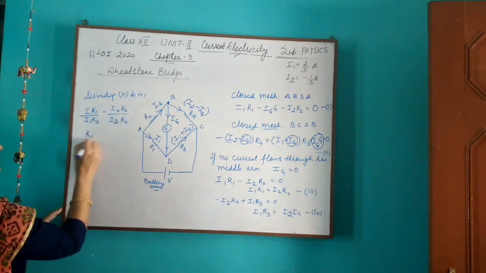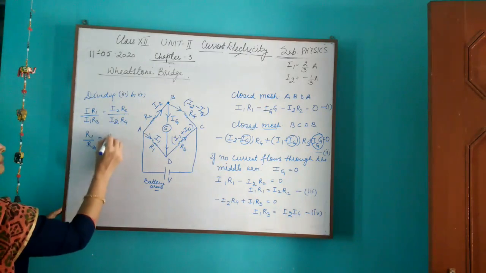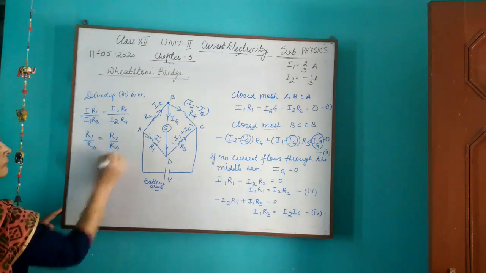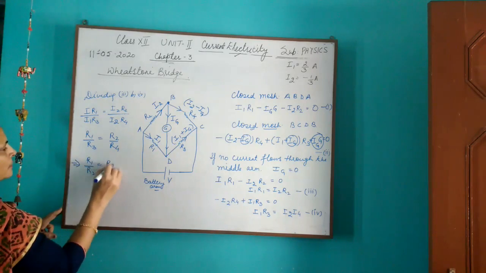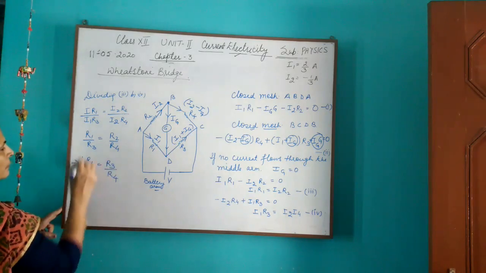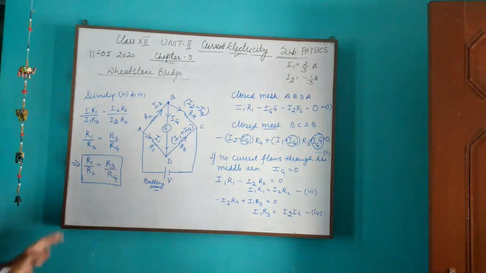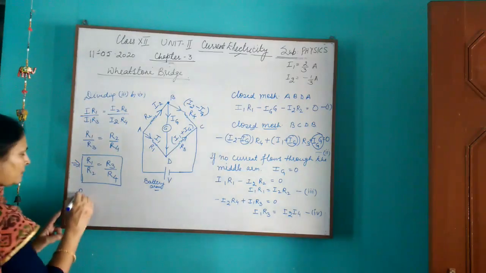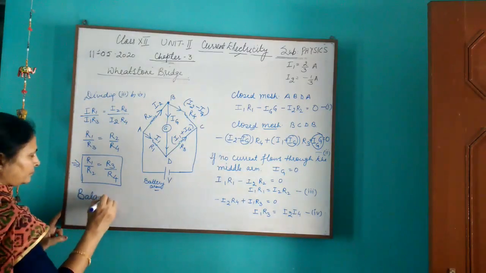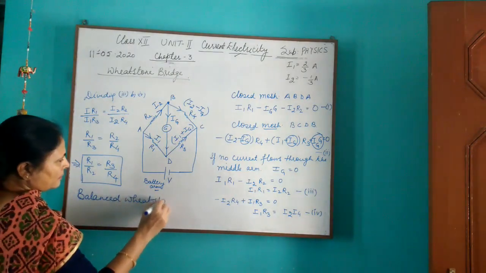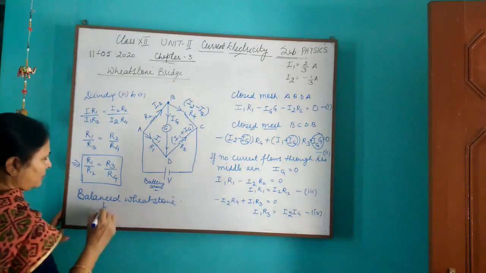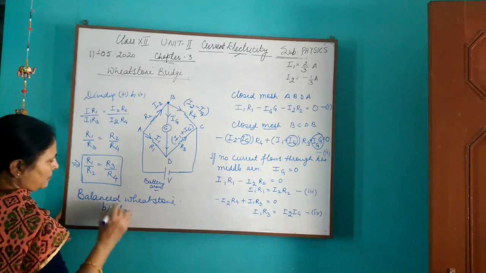This is going to give me R1 upon R3 is equal to R2 upon R4, which implies R1 upon R2 is equal to R3 upon R4. This is the condition for a balanced Wheatstone bridge.